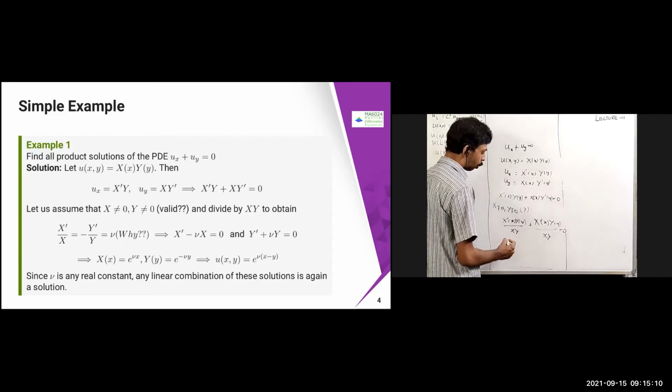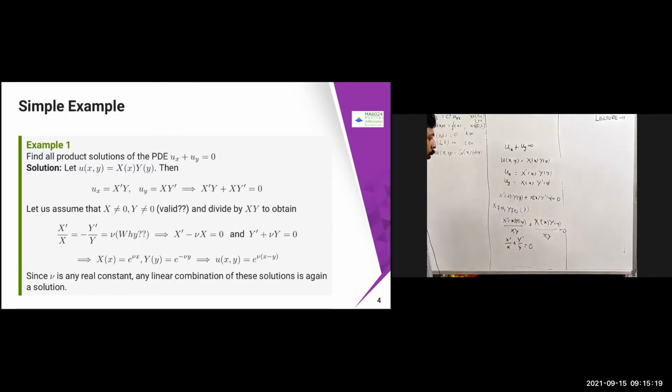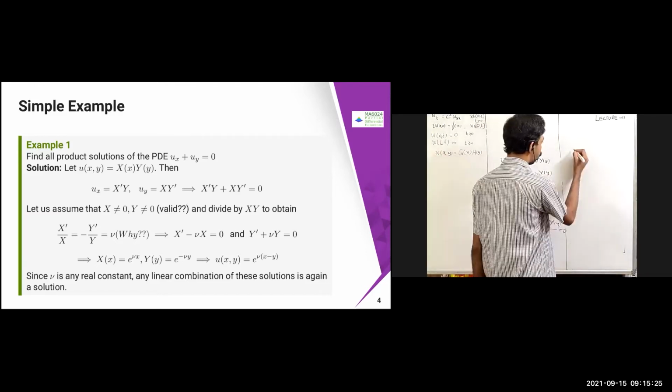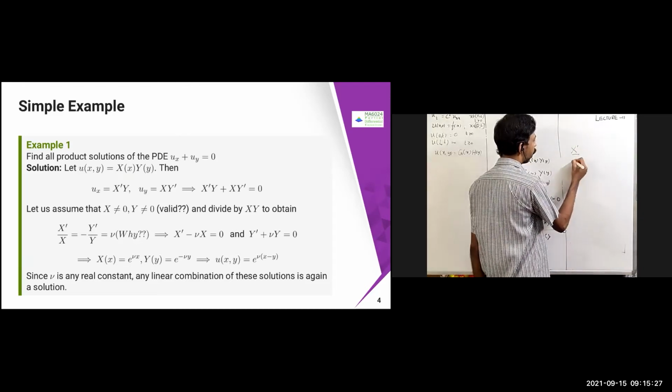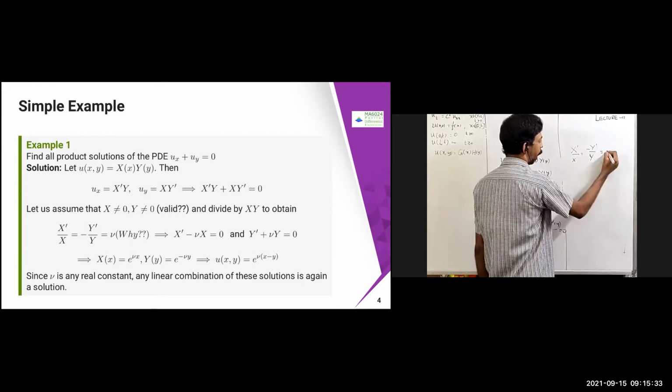So that means I'm going to have X dash by X plus Y dash by Y equal to 0. So I'm just going to write this as X dash of x by X equal to minus Y dash of y by Y, equal to some constant.